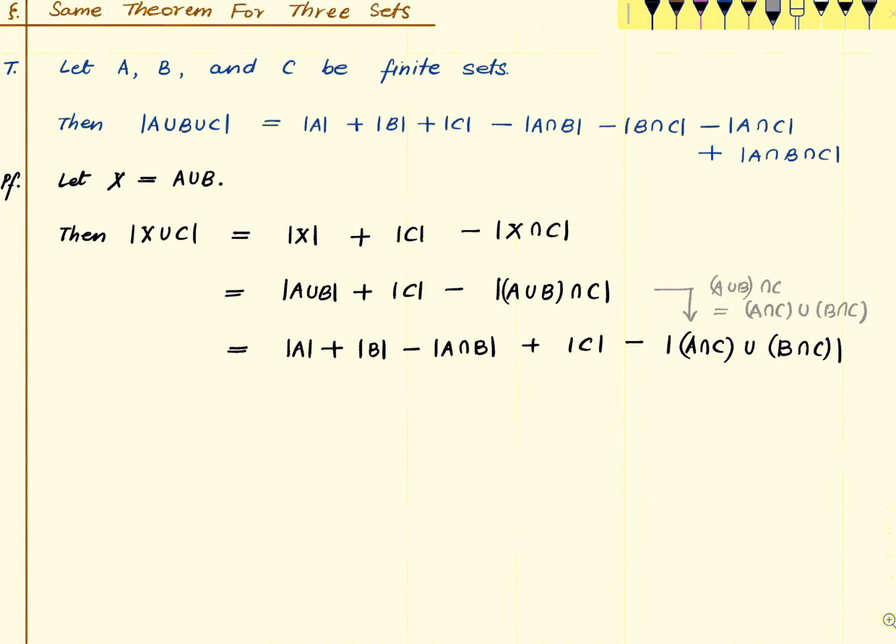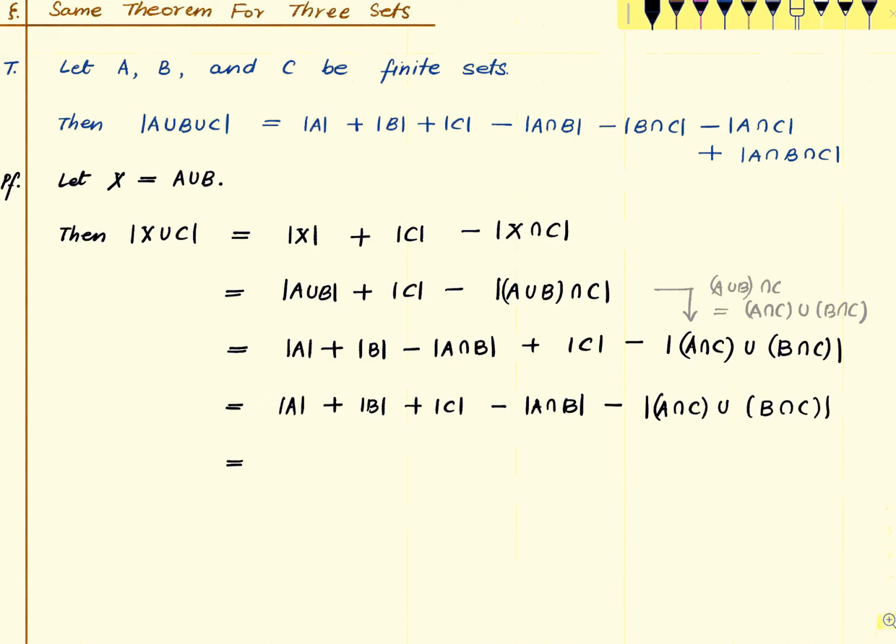Again, you can prove it formally, but draw a diagram and you'll be convinced. So we have this much, and now let us just rearrange these terms to club them together. And here again, we will use this formula for the cardinality of a union.